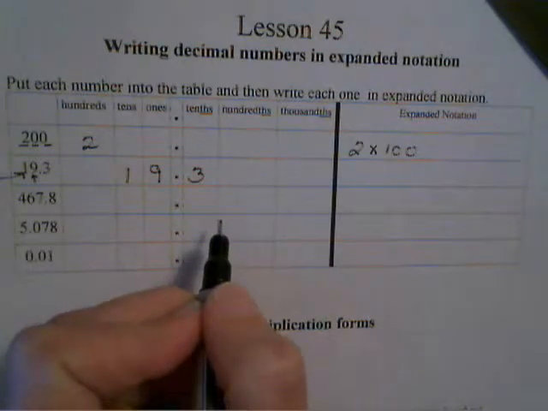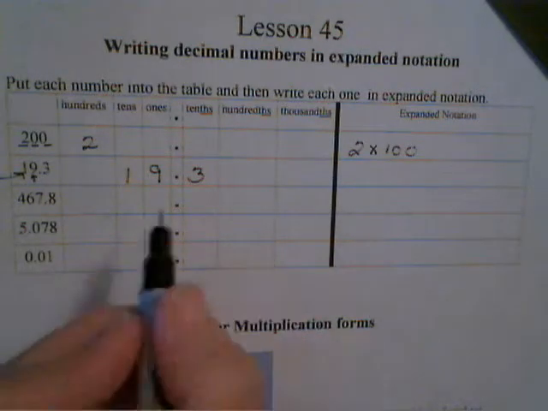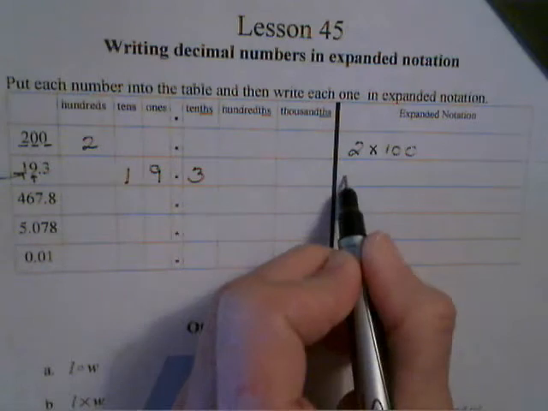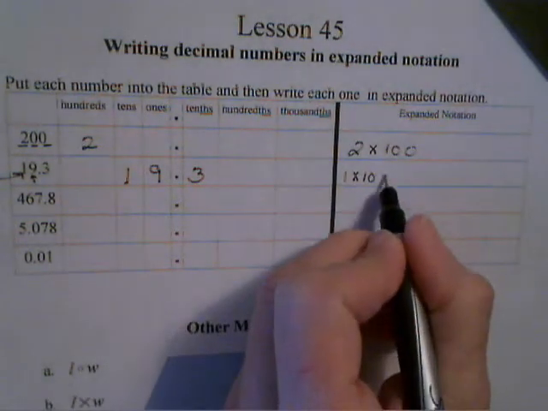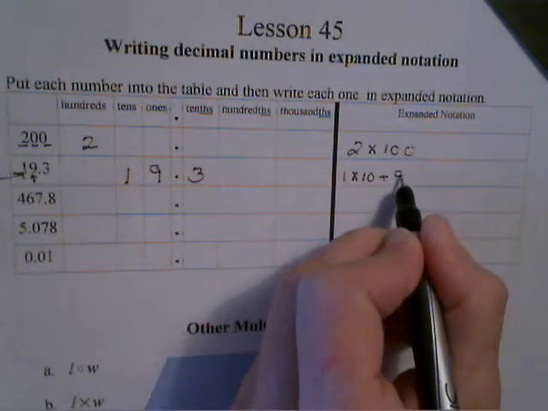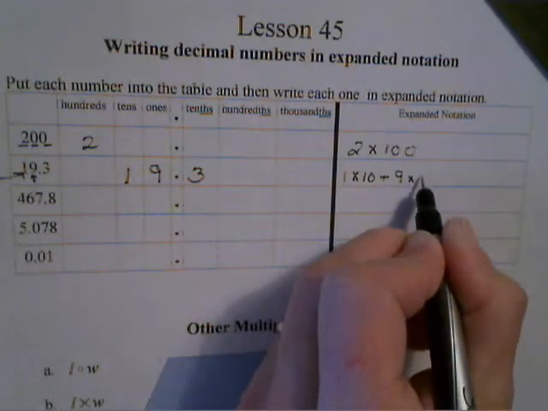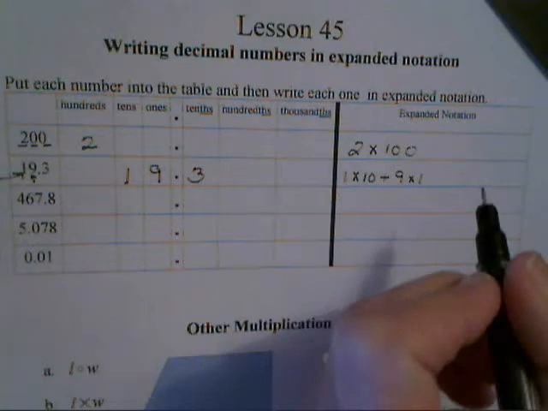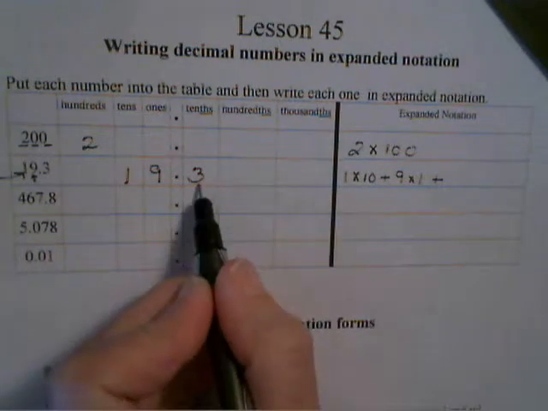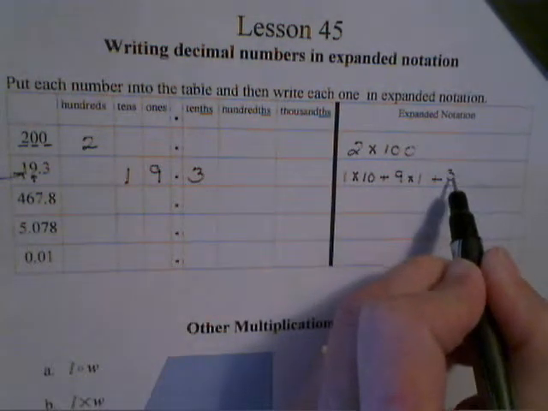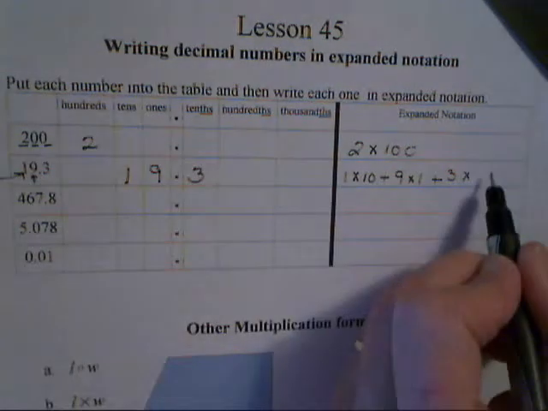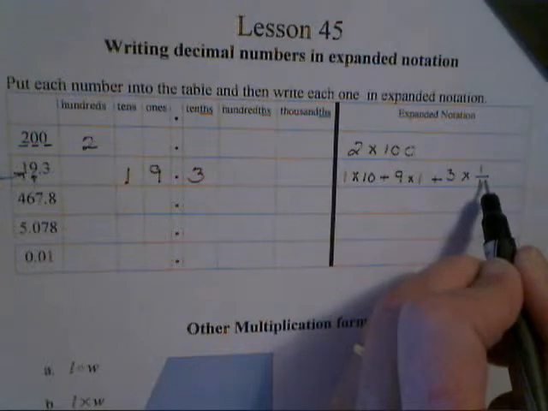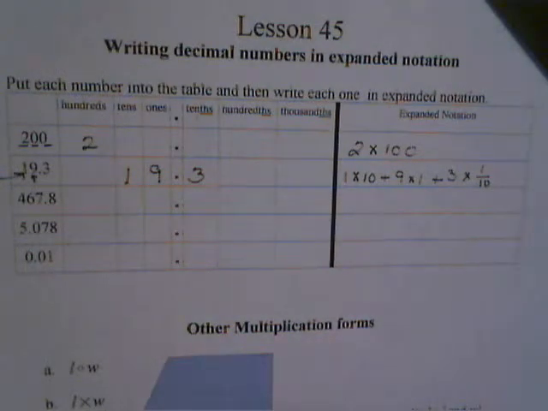To write this one in expanded notation, I do the 1 times 10, but then I have to add on that 9 times 1, and then I have to add on this little 3, and he's times, well, look where he is. He's in the tenths. So that's 1/10. So there's 19 and 3/10 in expanded notation.